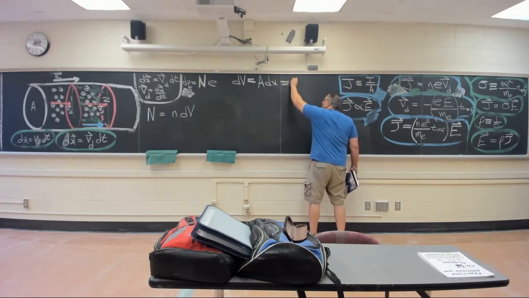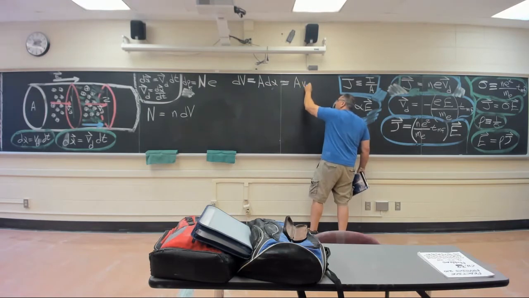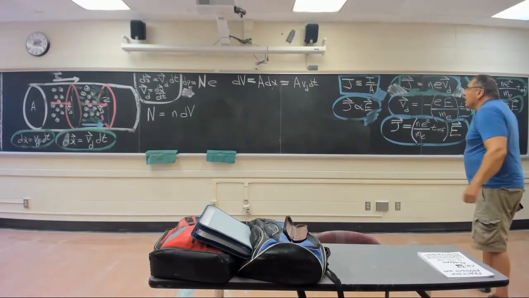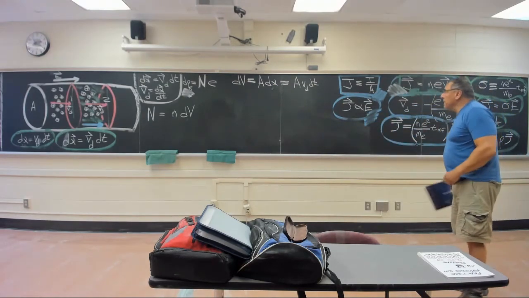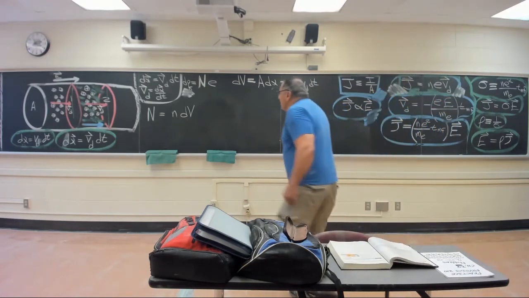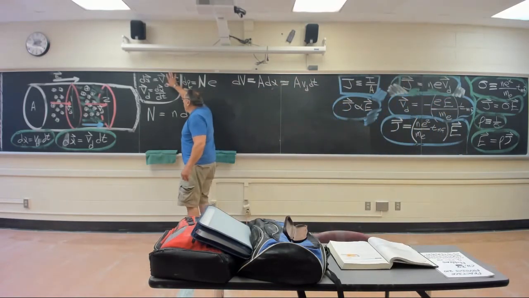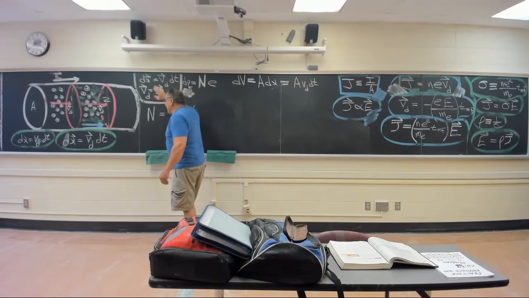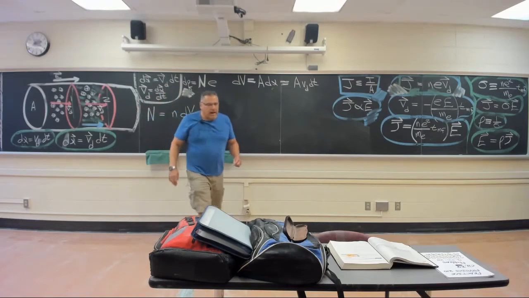So what does that mean? Well, dx equals v sub d times dt. Absolutely, we know that. The mathematics was already pointing in that direction: the dx vector equals the v sub d vector times dt, the v sub d vector equals the dx vector over dt, et cetera.